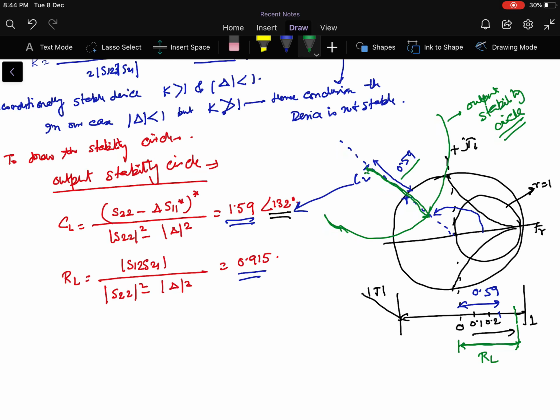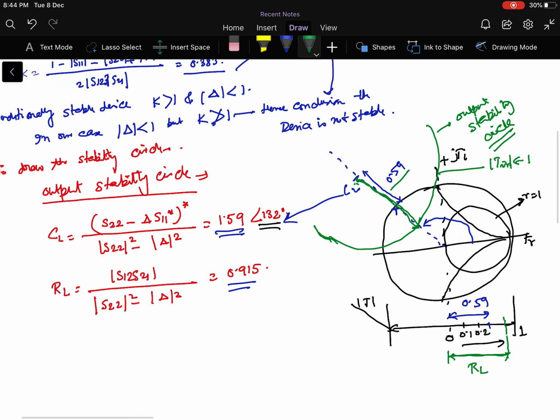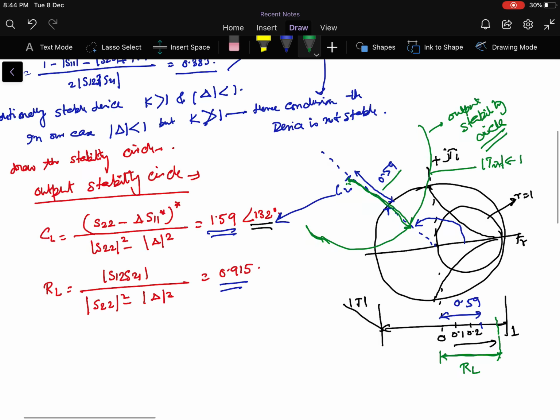Now again, to choose the stability, this is the point where mod tau in equals 1. One side of that stability circle will have mod tau in less than 1, and the other side mod tau in greater than 1. The same way we decided in our last lecture, this time also we will put a special point, the load reflection coefficient tau L equal to 0.